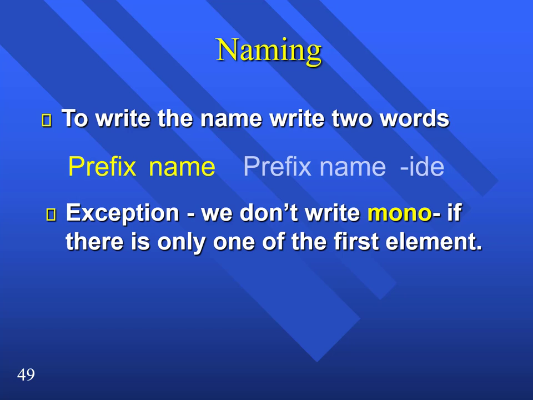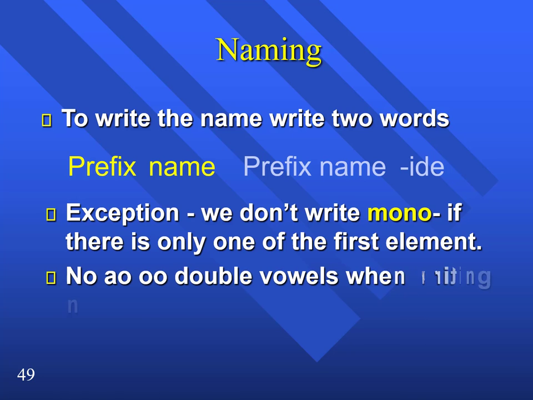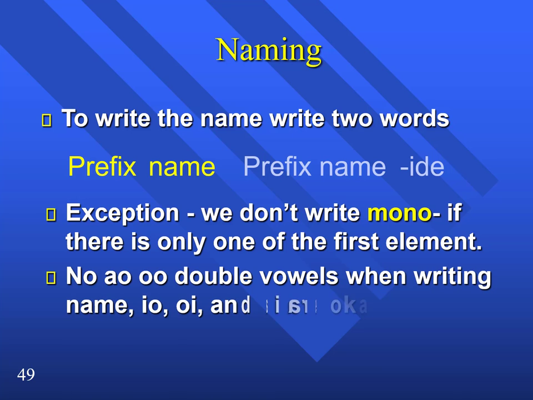Okay, some of those elements' names start with vowels, and we don't put A and O together. We drop the A. We don't put O and O together. We drop the O. But we keep the I's. So IO, OI, AI, and actually II.